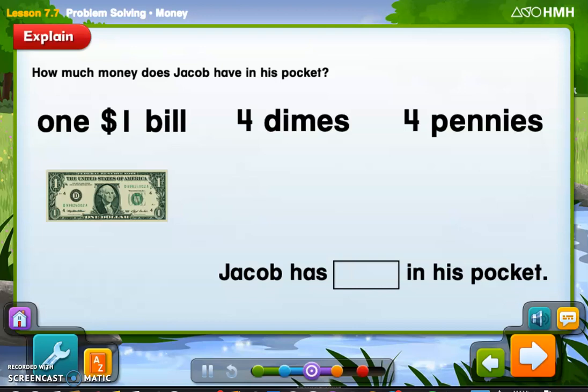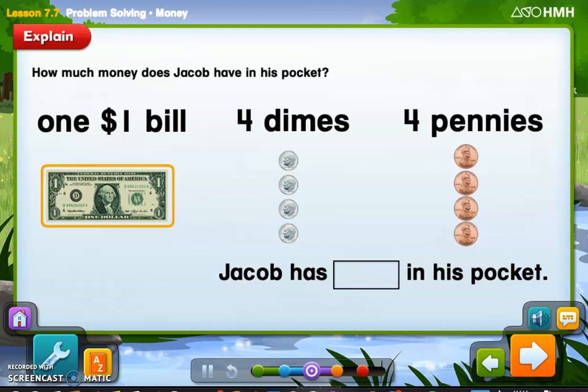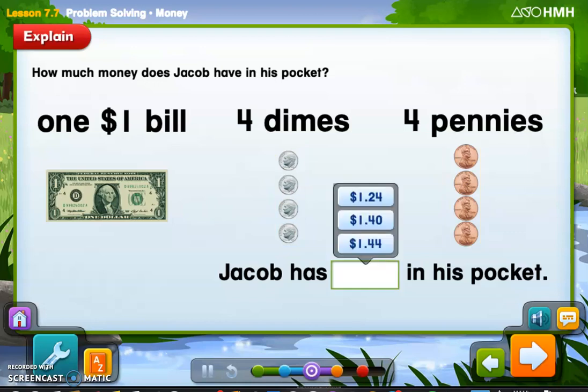Let's show 4 dimes. 1, 2, 3, 4. Jacob also has 4 pennies. Let's show 4 pennies. 1, 2, 3, 4. Jacob has one $1 bill, 4 dimes, and 4 pennies. How much money does Jacob have in his pocket?